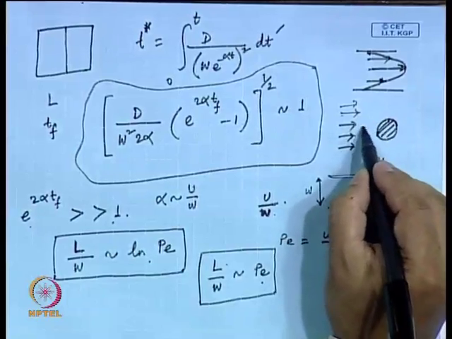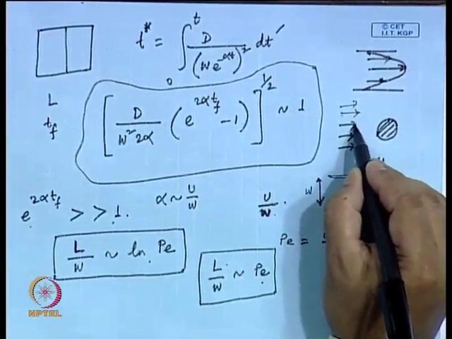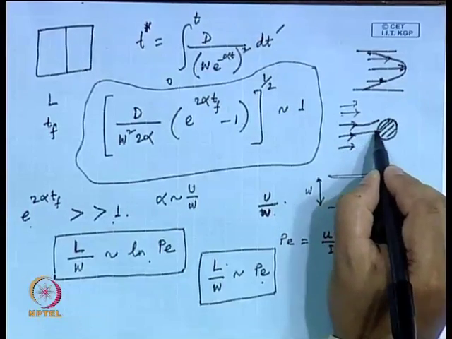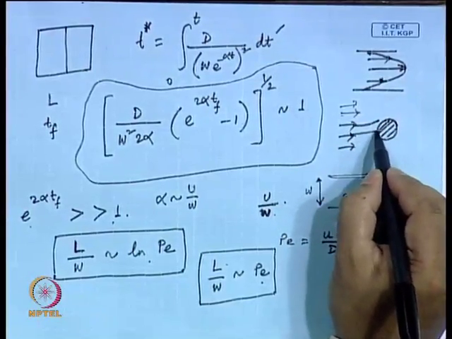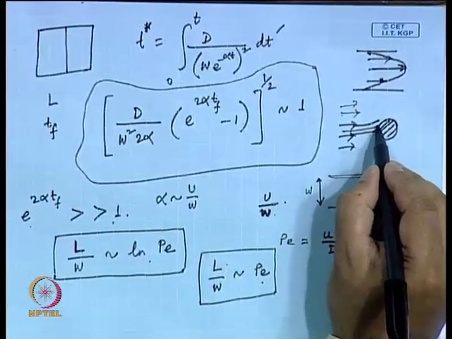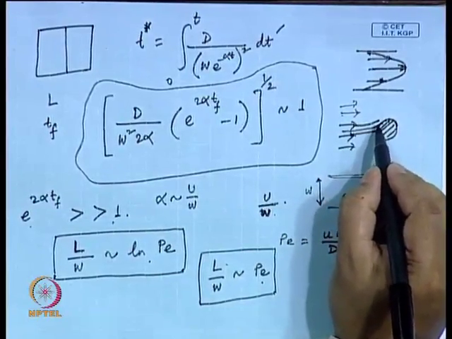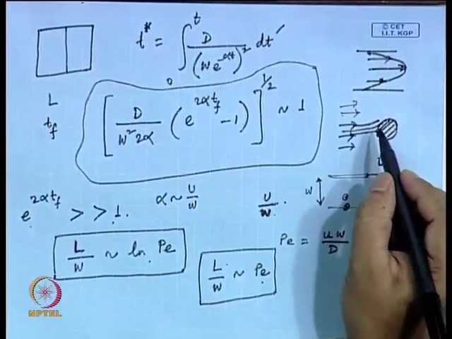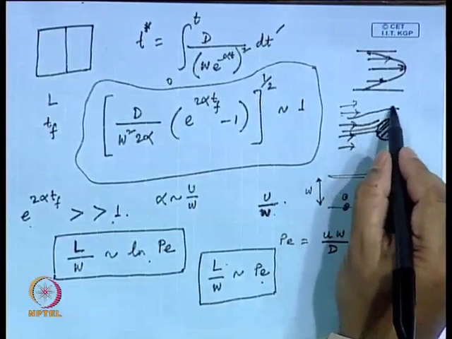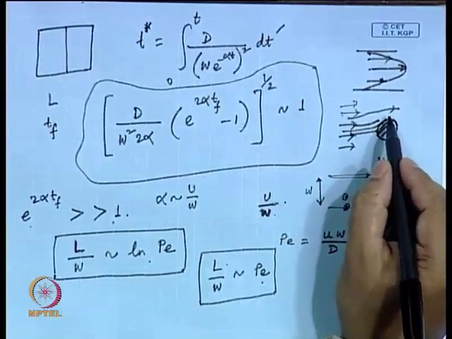Because of this pillar, this streamline will go and hit the wall of the pillar, and this would be a stagnation point. The streamline next to this would have the minimum velocity, or maybe zero velocity at the wall itself, and the streamline away from it will have a little higher velocity, and the one further away will have somewhat higher velocity.